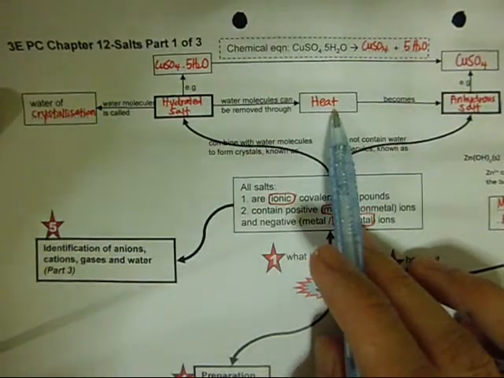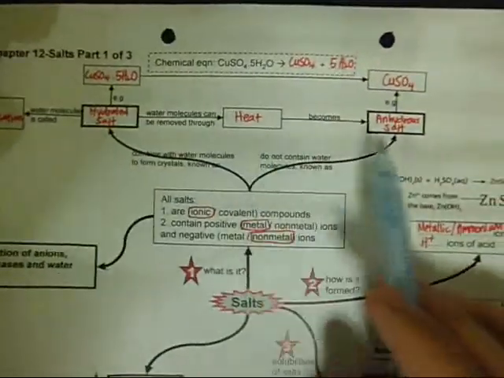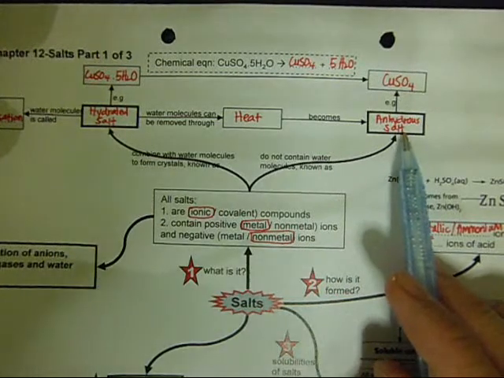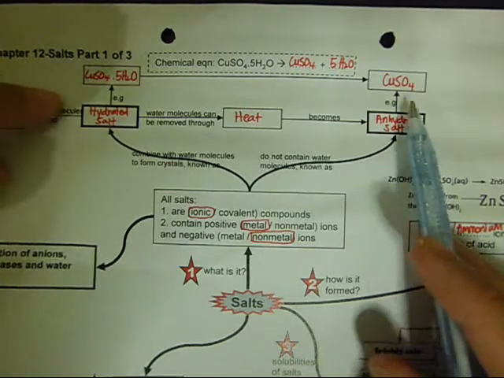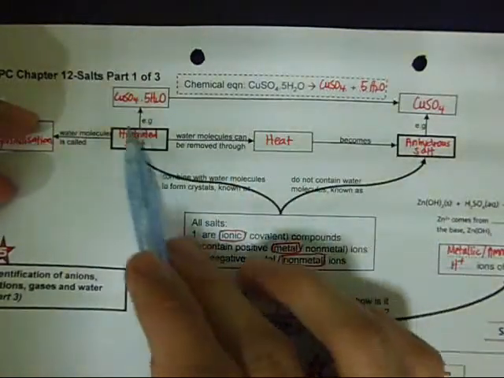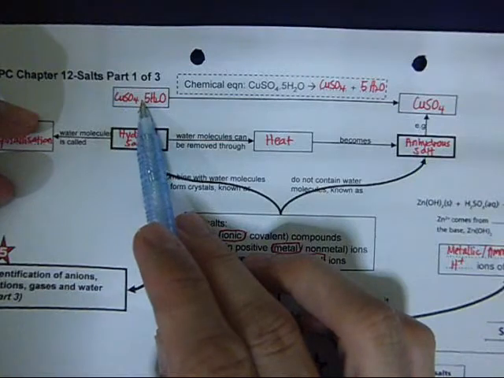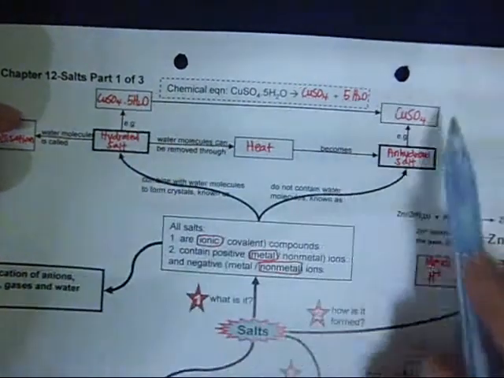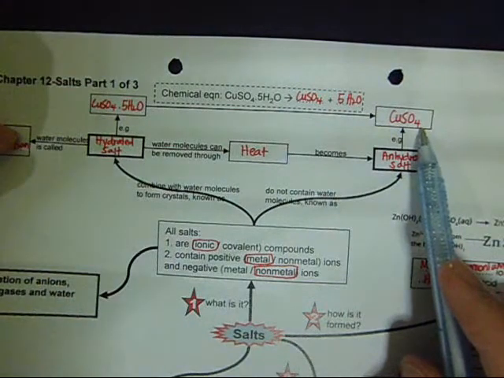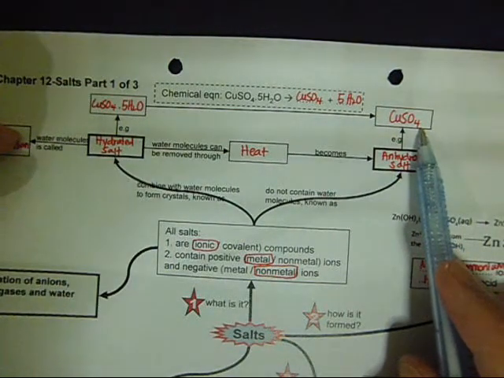When you heat a wet salt, it becomes a dry salt, called anhydrous salt, which has no water molecules inside. A dot in the formula means this salt has water inside. When there is no dot, it has no water inside.